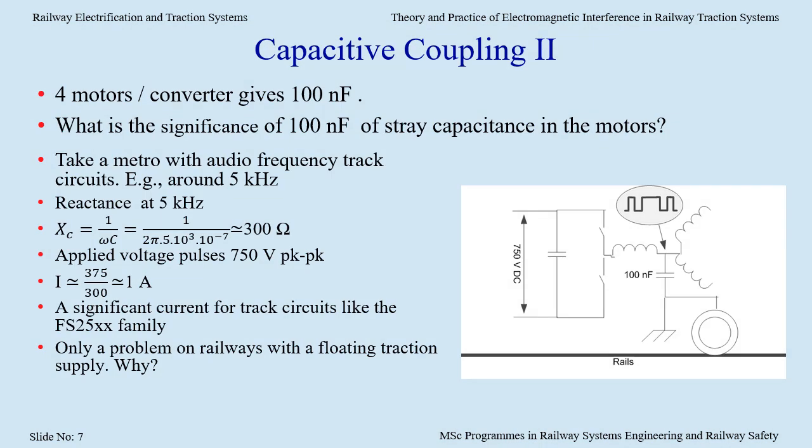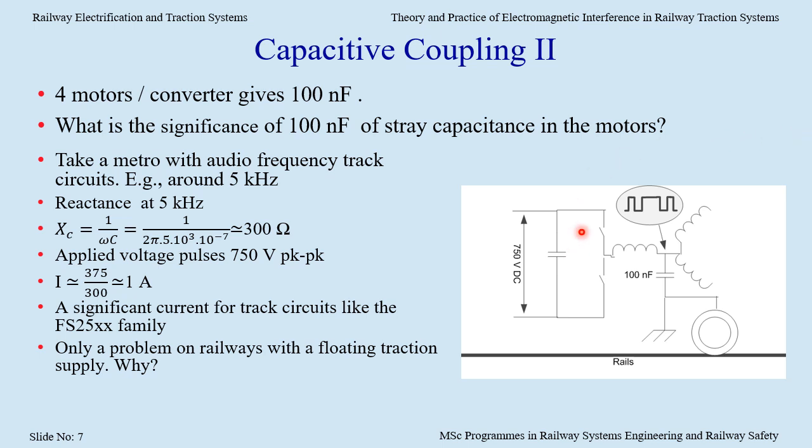Let's do a quick calculation to see what the significance of this is in terms of electromagnetic interference. If we have 25 nanofarads of stray capacitance per motor and 4 motors per converter, that gives us 100 nanofarads of stray capacitance per converter. Now, if you have a metro with audio frequency track circuits, for example, operating around the 5 kilohertz band, then the reactance of the capacitor at that frequency is approximately 300 ohms.